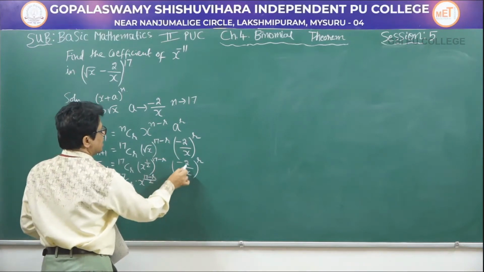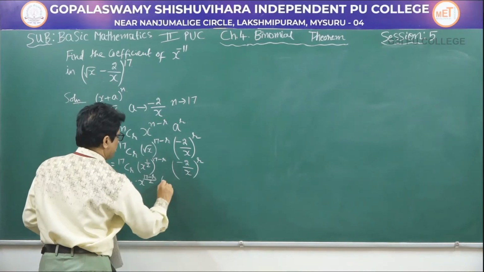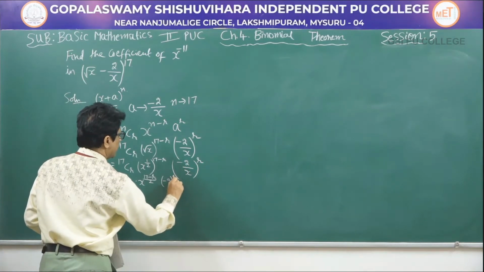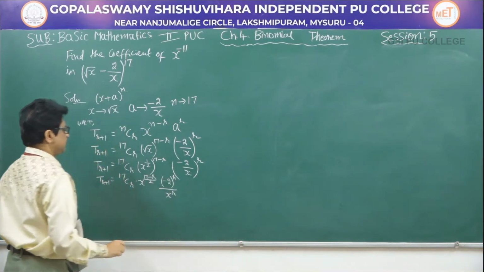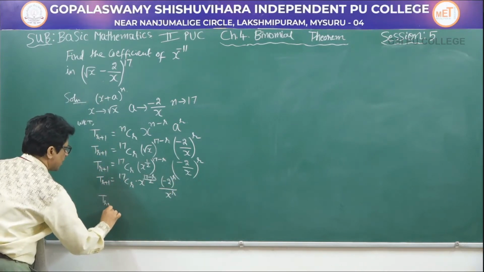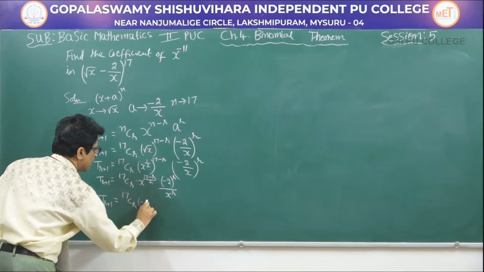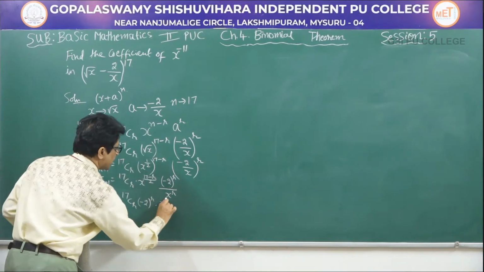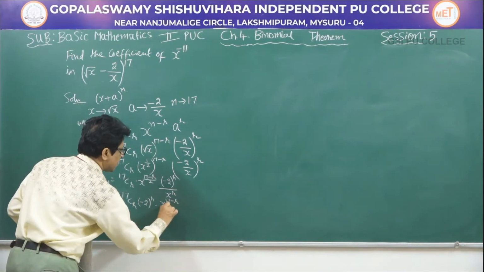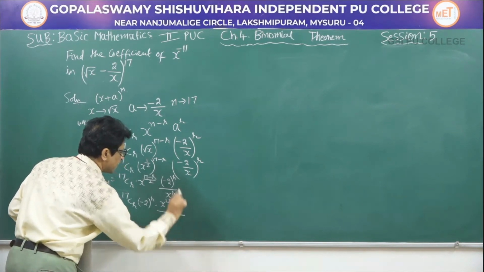And this term, (a by b)^n is a^n by b^n, minus 2 whole power r divided by x power r. T(r+1) is equal to 17Cr into minus 2 whole power r into x power (17 minus r) divided by 2, whole thing divided by x power r.